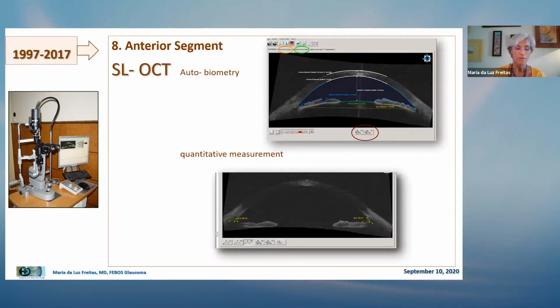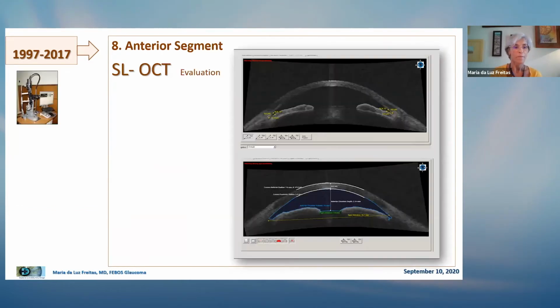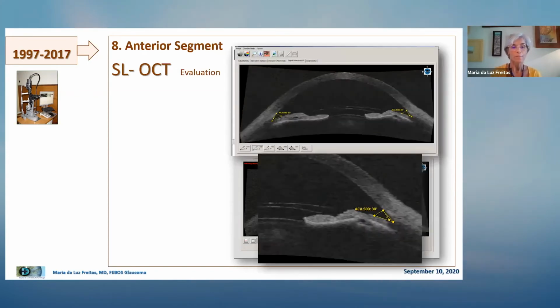It performs biometrics and angle measurements, helps in the choice of the surgical strategy and in the post-treatment evaluation too, including refractive patients, as in this case: angular evaluation in a patient implanted with an Artisan lens.